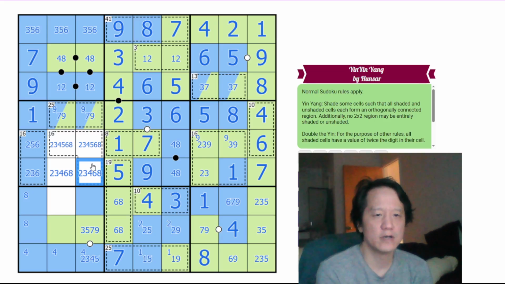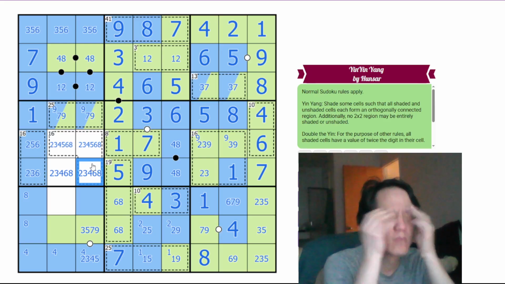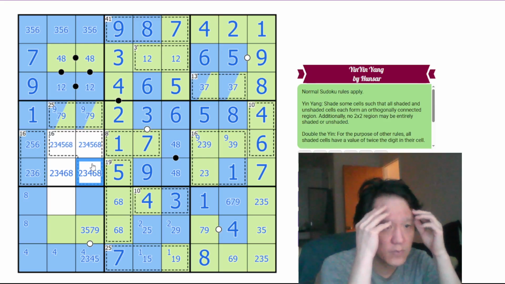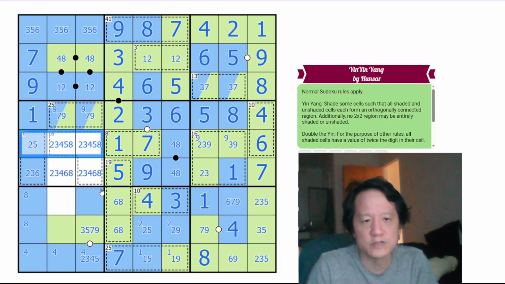I don't know. So what can be doubled here? 8 cannot be doubled, obviously. Can 6 be... Okay, 6 can't even be here. So 6 can't be here, therefore this can't be 2.